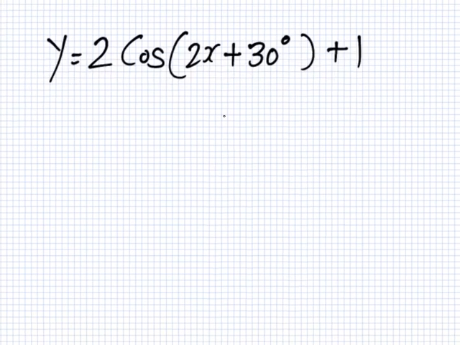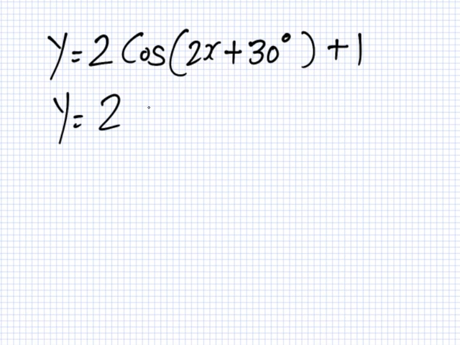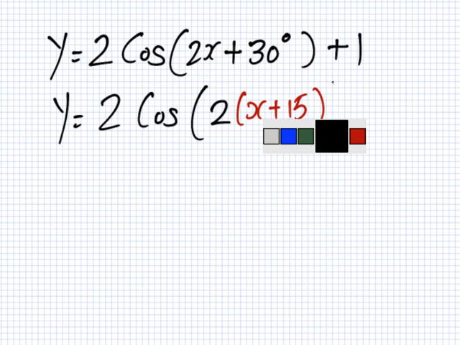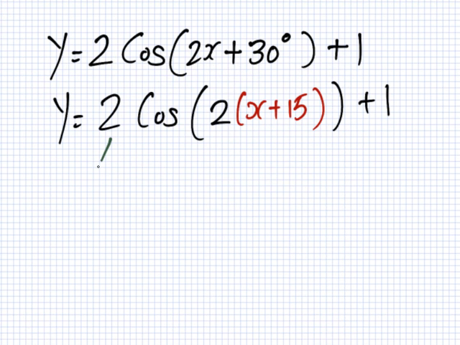The first thing I should do is take the 2 out. 2, and let me put it in a different colour here. x plus 15, plus 1. Now this is the A because it multiplies the cos, right? This is the D because you add it at the end. This is the B because you multiply it by the angle. But if it is the B, it has to multiply the entire angle, not just part of the angle.